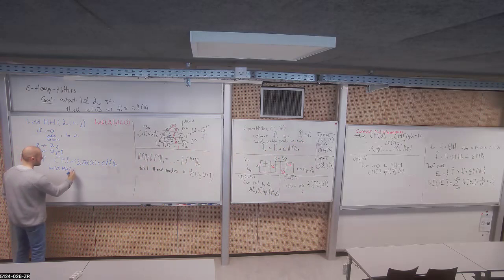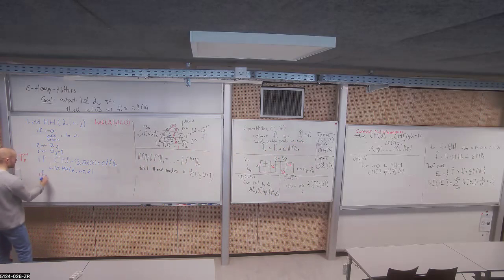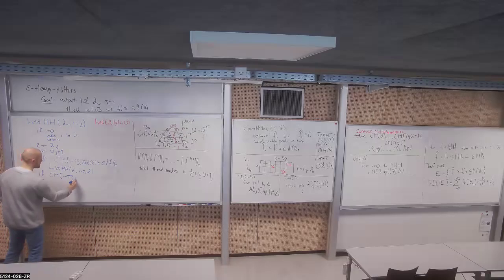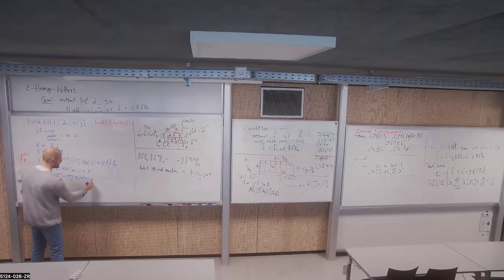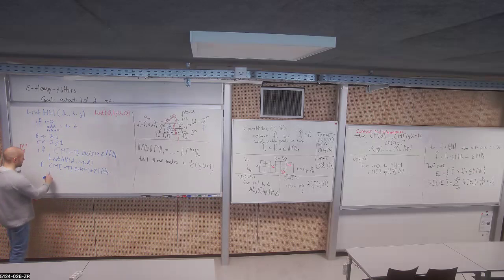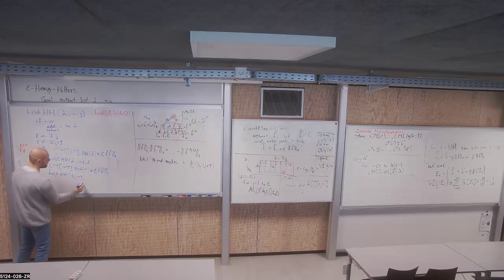just heavy hitters, L, i minus 1, left child, and similarly, if CountMin i minus 1 dot estimate of right child, then we're going to recursively call heavy hitters, right child, layer i minus 1.